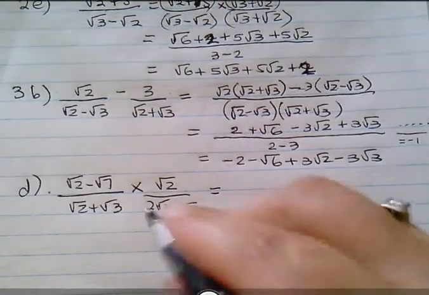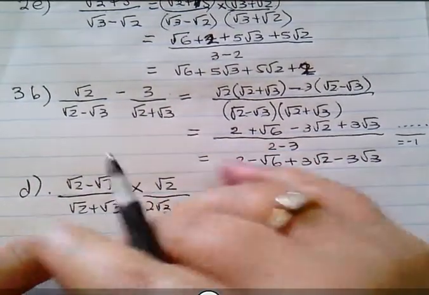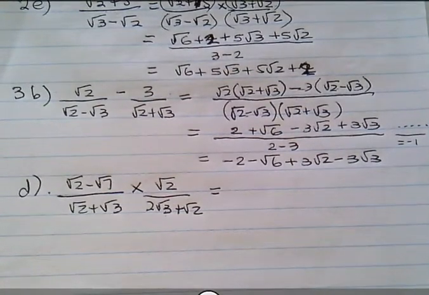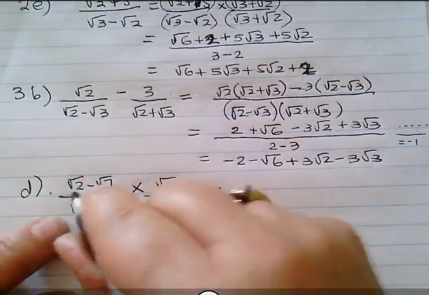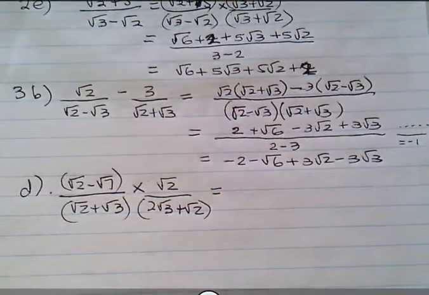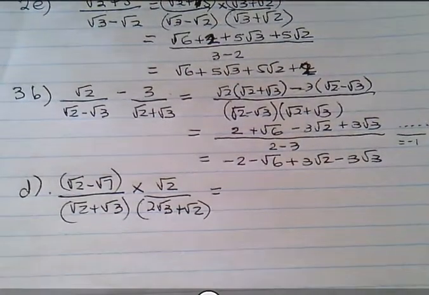So I'm not going to rationalize each one first. Let's multiply, because then we only need to rationalize once. But, I don't know, it could be easier the other way. I'm not sure. Let's go.